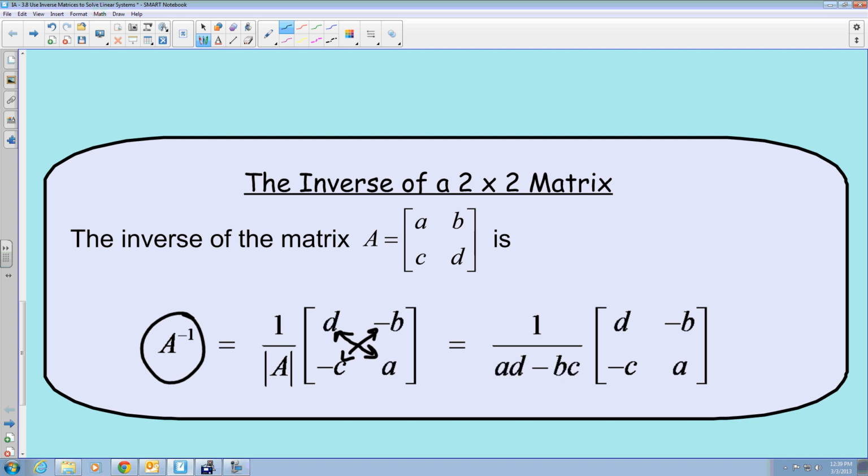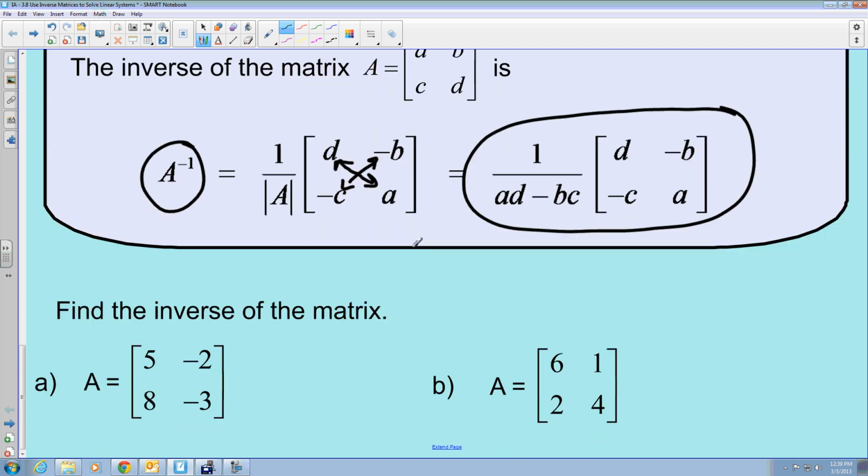So we swap d and a, but we don't make them negative, and we do not swap b and c, but we attach the opposite sign to them. At the end of the day, this is the formula that we're going to use to find the inverse. So let's do some examples.